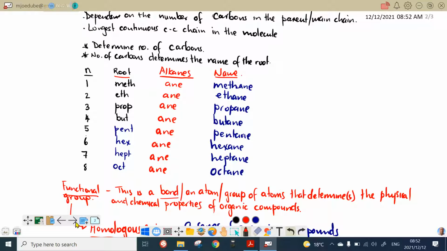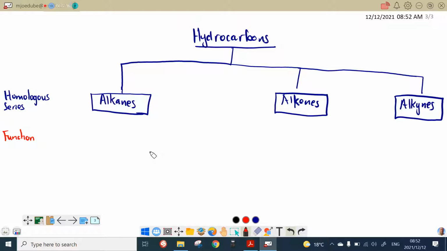So in this case, we are simply going to look at the functional group that gives us the characteristics of each of these different compounds. The functional groups for each of the hydrocarbons are as follows.